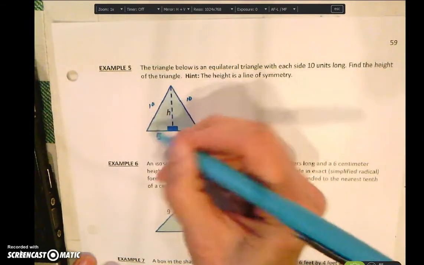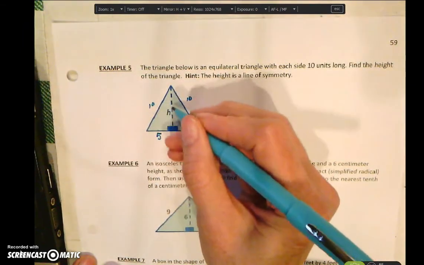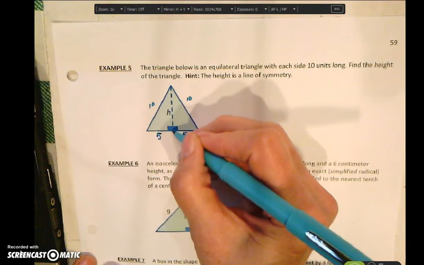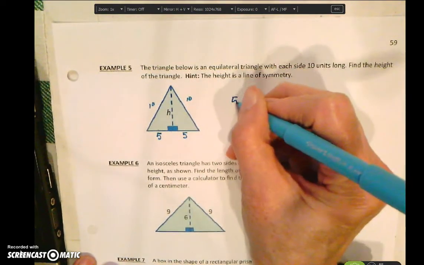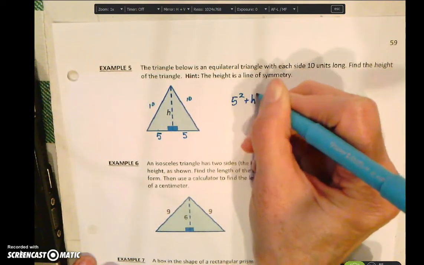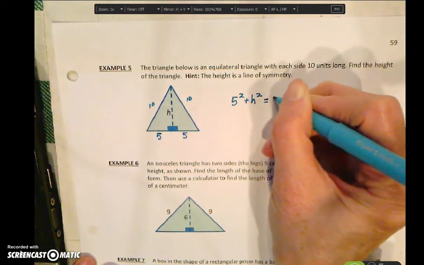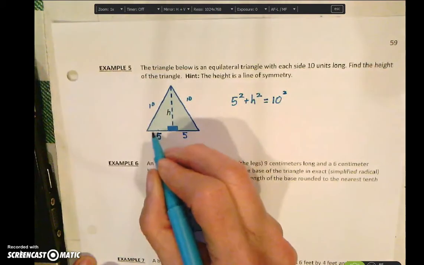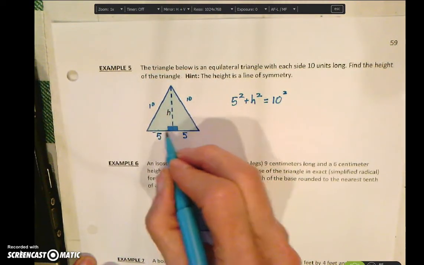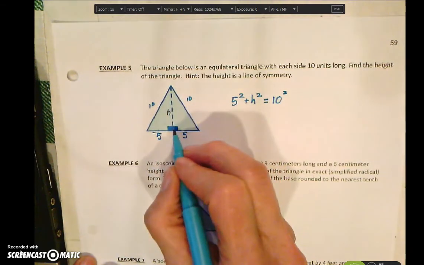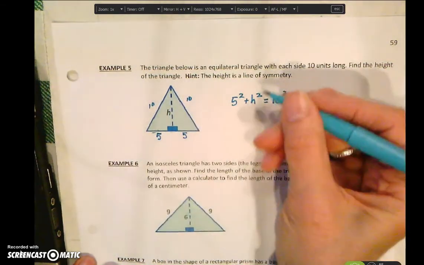So here I have a right triangle, and H now is a leg that I'm looking for. I'm going to say that 5 squared plus H squared is equal to 10 squared. Be careful. I think this is the first time this has happened for us, but we have the 5 squared, and the other leg is H squared. It's going to equal 10 squared.